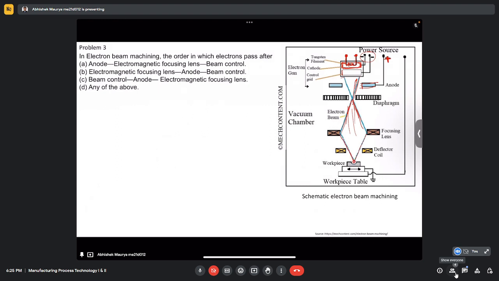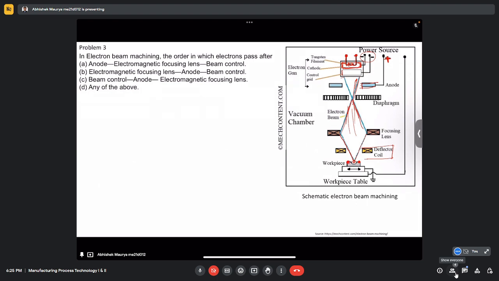And at the end we have a deflector coil. Basically the deflector coil controls where the beam should focus. With the help of the deflector coil, it adjusts the field so that if needed, we can move the beam to this location, or to this location.